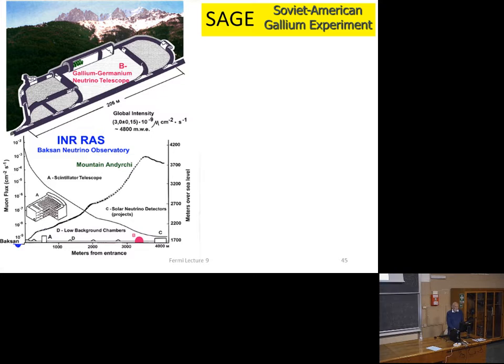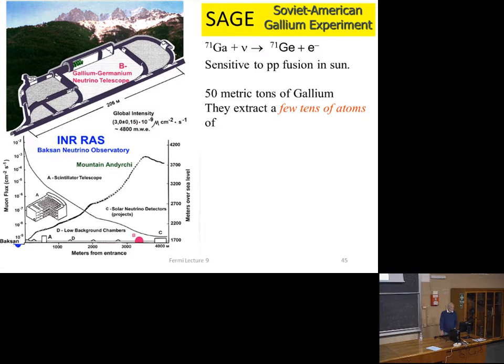And it used gallium-germanium, a neutrino detector. This is under the mountain. It sits underneath a mountain so that it shields out any sort of effects that don't come from the neutrinos from the sun. And it measured the reaction.